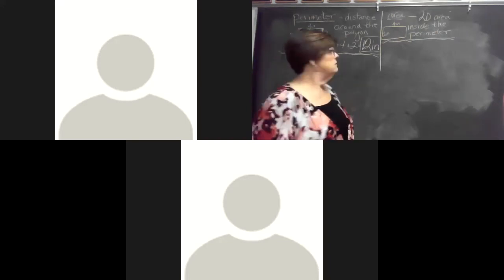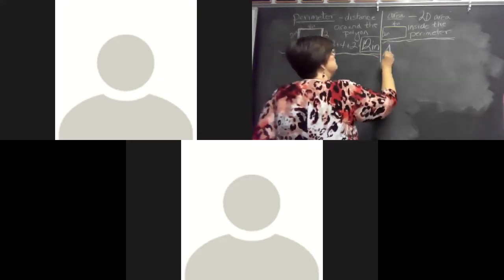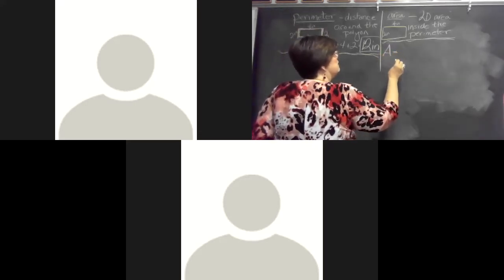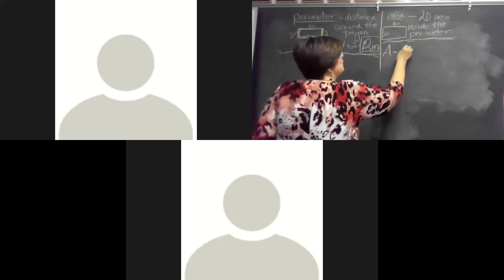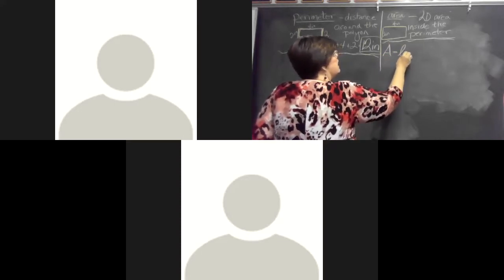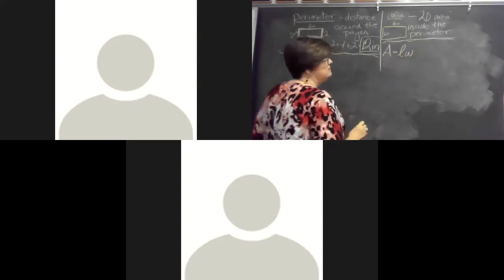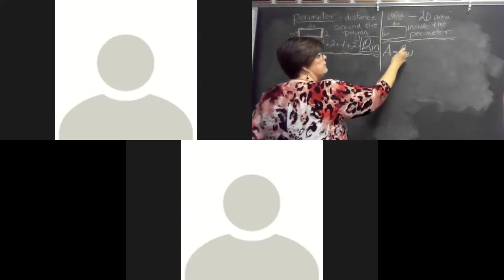the area formula for a rectangle, I want y'all to look on your formula chart real quick. It's pretty close to the top, and I think it says area, and then look for the rectangle and scoot over and tell me exactly what to write. A equals L W. That is an L, length times width. It's that easy. Remember when we cram stuff together, it's a times. So that's what this means.